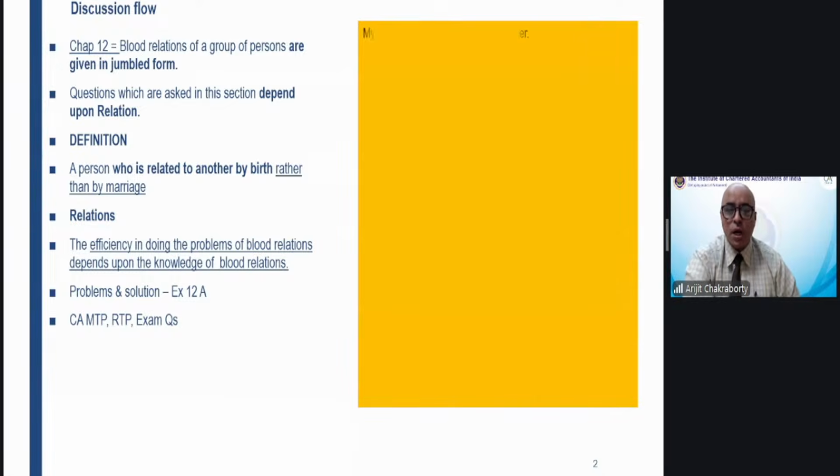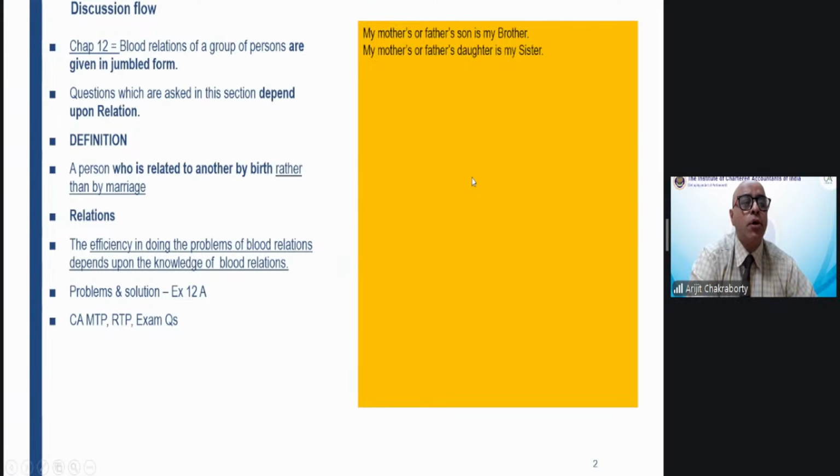So let us see the chart from the ICAI study material when it comes to the different types of relations which we have. Mother's or father's son is brother. Mother's or father's daughter will be sister. Mother's or father's father will be grandfather.